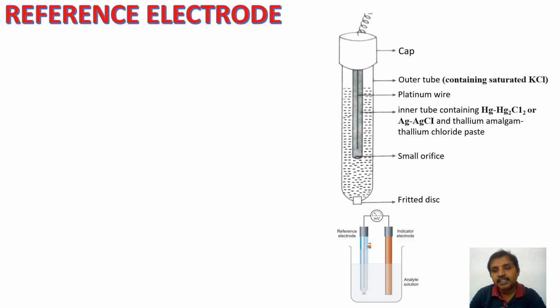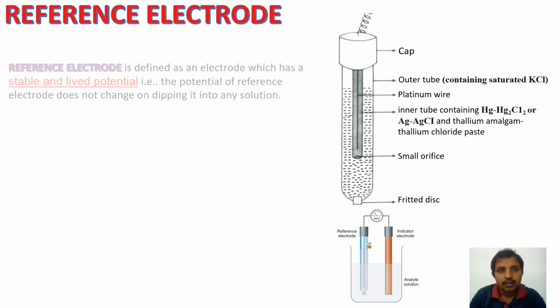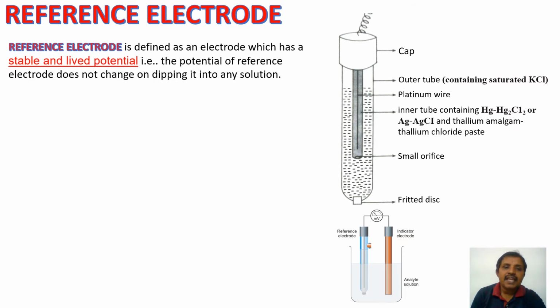Now, let us talk about the reference electrode. A reference electrode is an electrode which has a stable and known potential. That is, the potential of the reference electrode does not change on dipping into any solution. When it is dipped into any solution, its potential does not change.